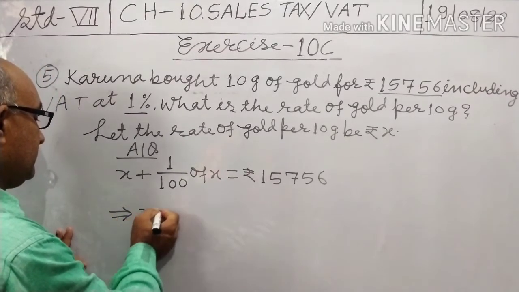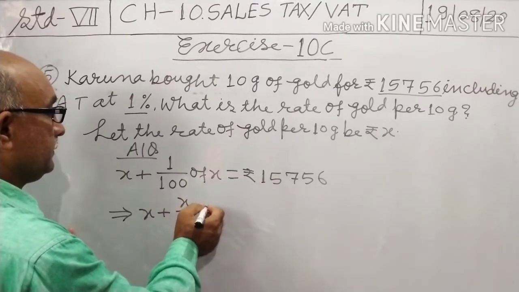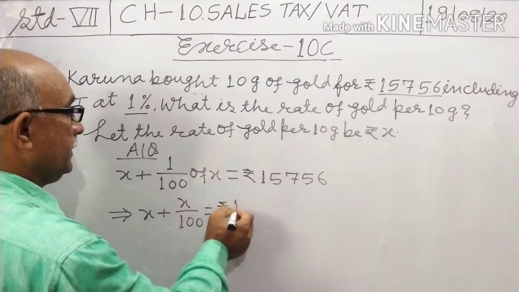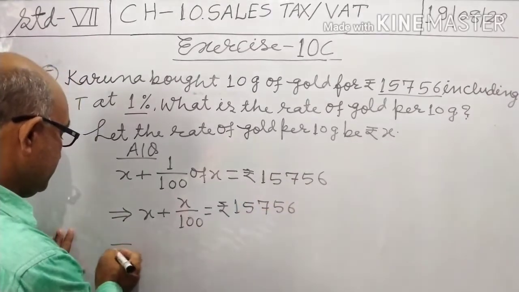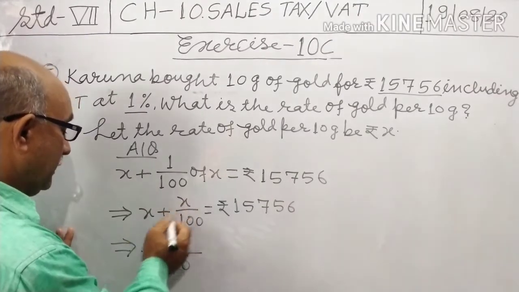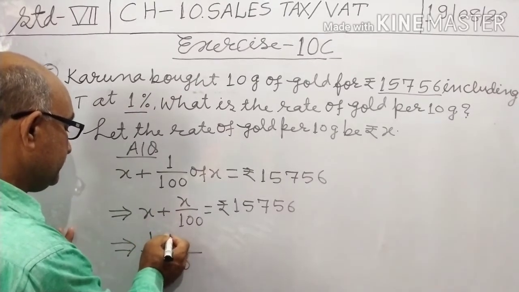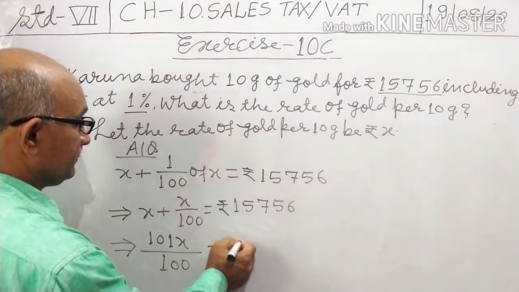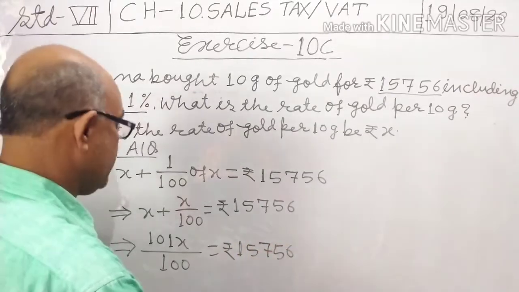That implies X plus X by 100 equals rupees 15,756. That implies, taking LCM 100, 100x plus x equals 101x equals 15,756.